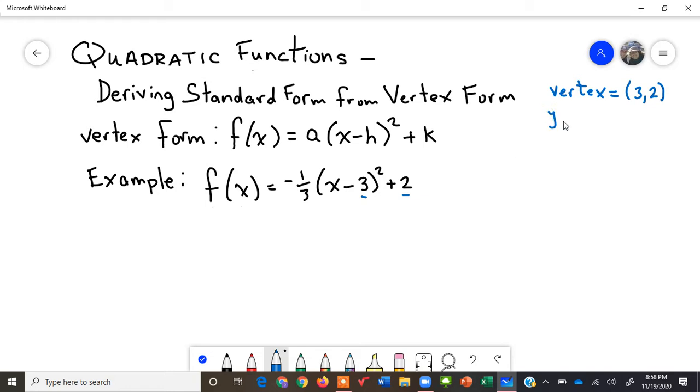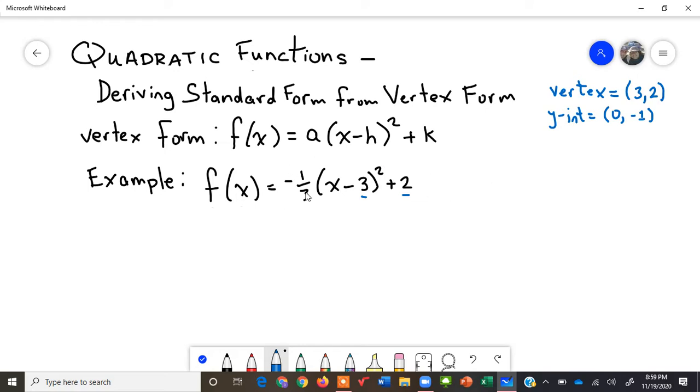We also found the y-intercept. The y-intercept is what you get when you set x equal to 0. So when we plugged 0 in here, negative 3 squared was 9, divided by negative 3 was negative 3, plus 2 gave us negative 1.